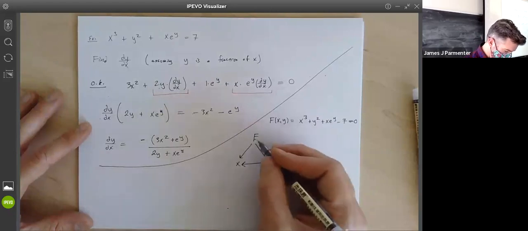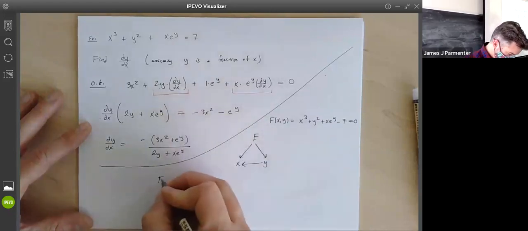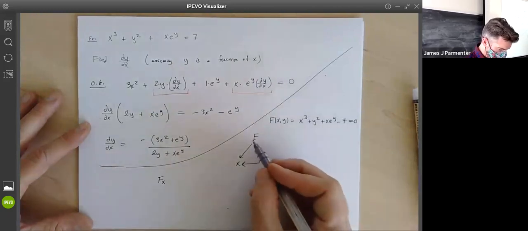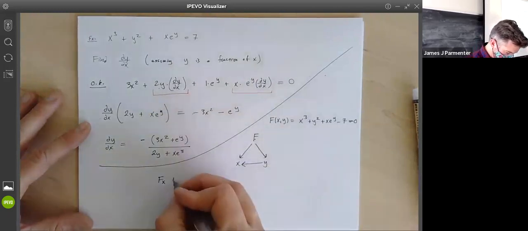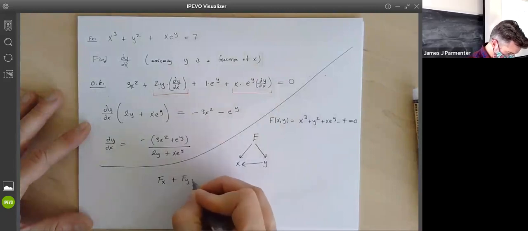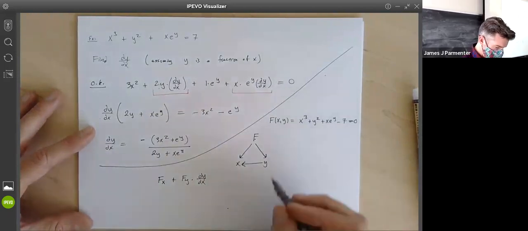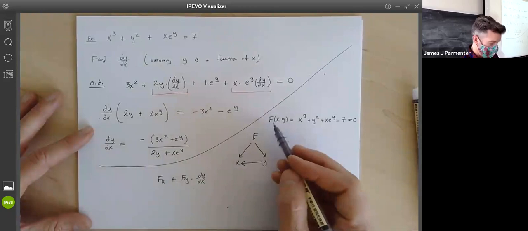One way of getting from f to x is f_x. The other way is through y. So it's going to be f_y times dy/dx. So that's the derivative of this side, right?